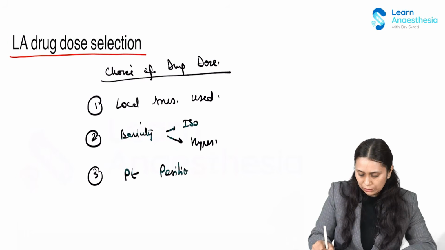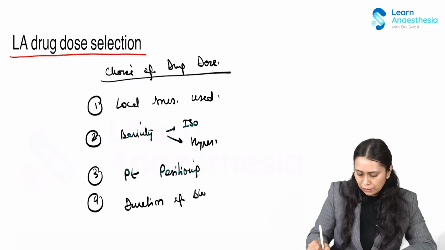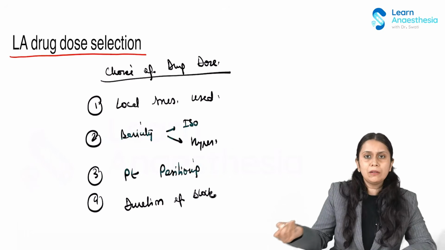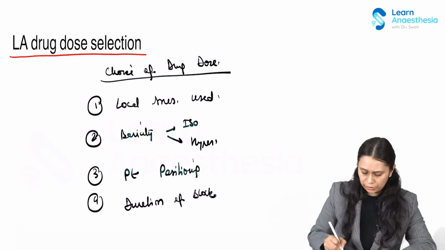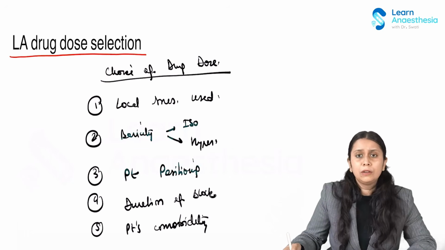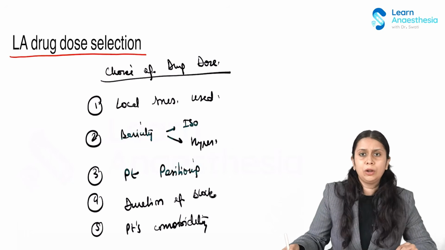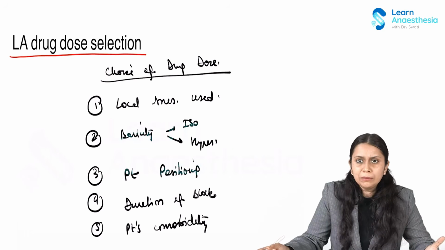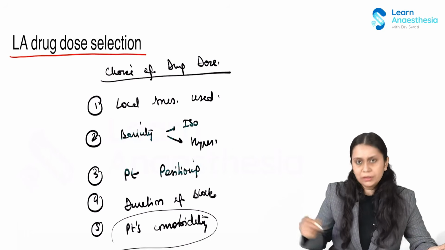Then what is the duration of the block required? And definitely patient's comorbidity, how much at most care we have to take. So patient's comorbidity also should be kept in mind. Number of times giving a small volume of drug also would produce an adequate level of block and would not cause any hemodynamic imbalance, and that would be more suitable for some particular patients, right?